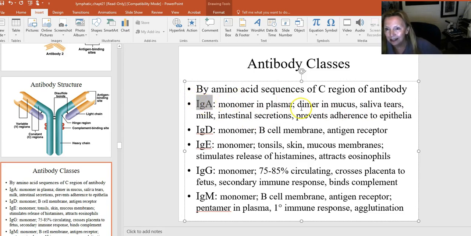This is a class that is going to be found in those different types of serous fluid secretions. IgE is a type of antibody that we see go up in allergies. If somebody's having allergic reactions, hypersensitivity reactions, where they're secreting histamines, it's going to be a titer of IgE.